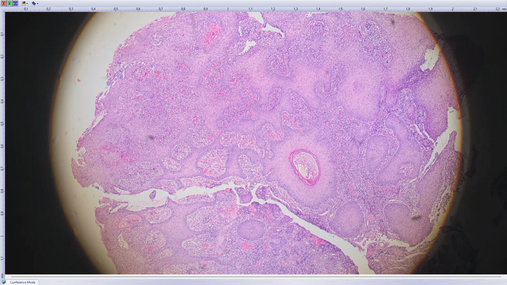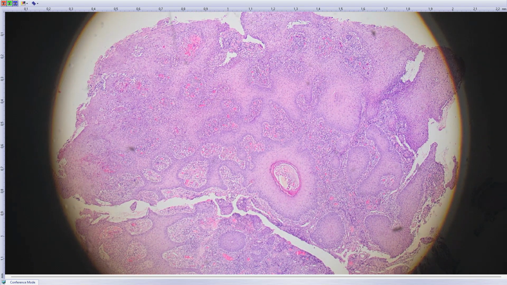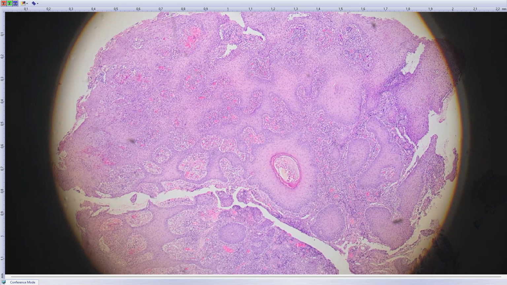This is a case from Martin Dušek, and he showed these slides to several colleagues, and some of them thought that it may be a well-differentiated carcinoma, okay? But we've got a very young male patient.